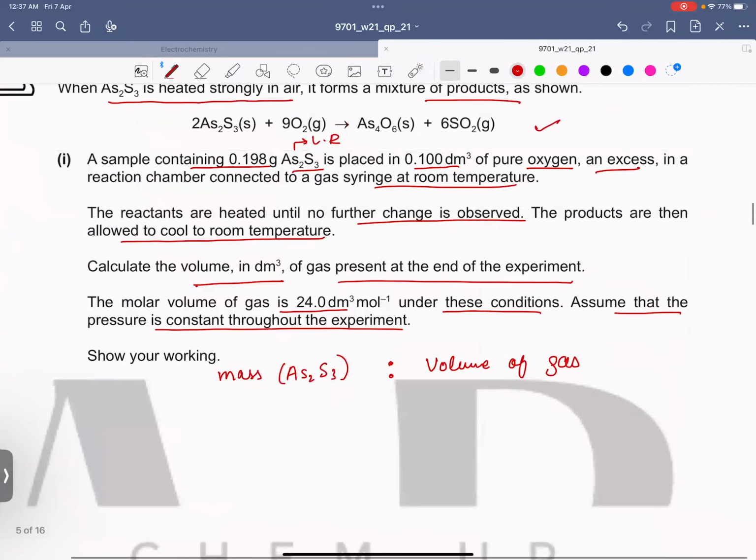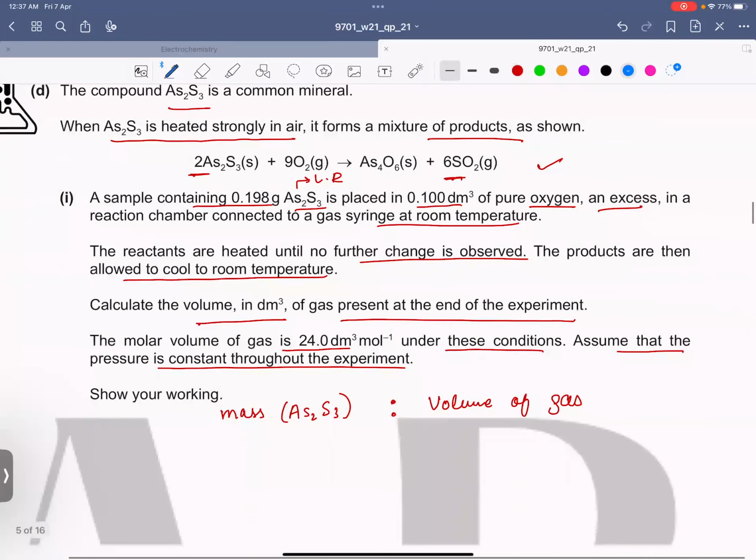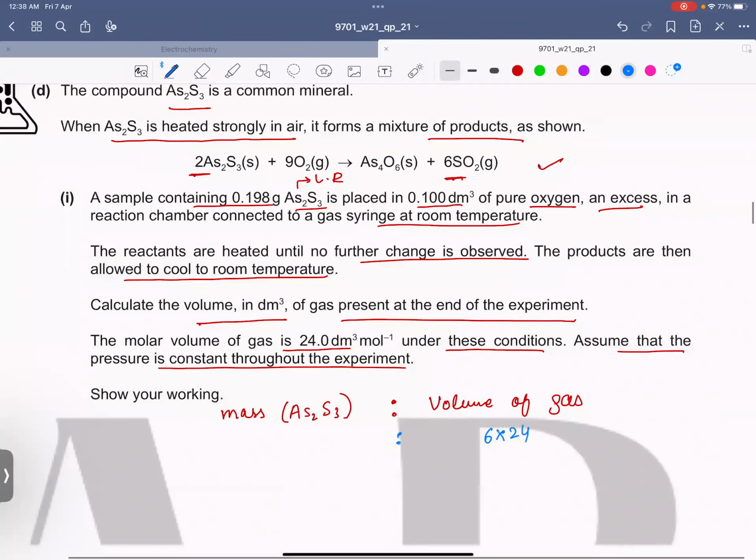In the equation I can see there are 2 moles of arsenic oxide and 6 moles of sulfur dioxide gas. We know that 1 mole occupies 24 dm cube. So if there are 6 moles, I can conclude from the equation that 6 times 24 dm cube of gas is being produced.